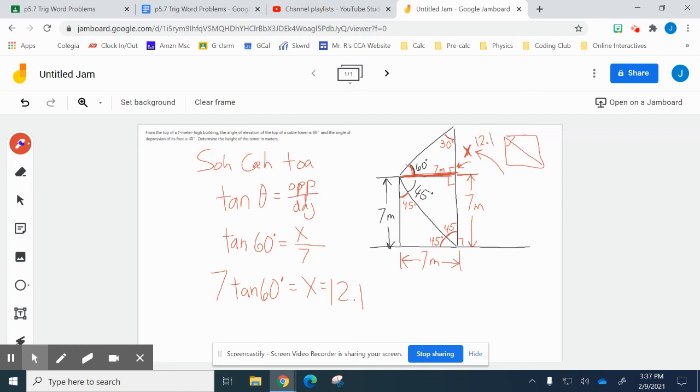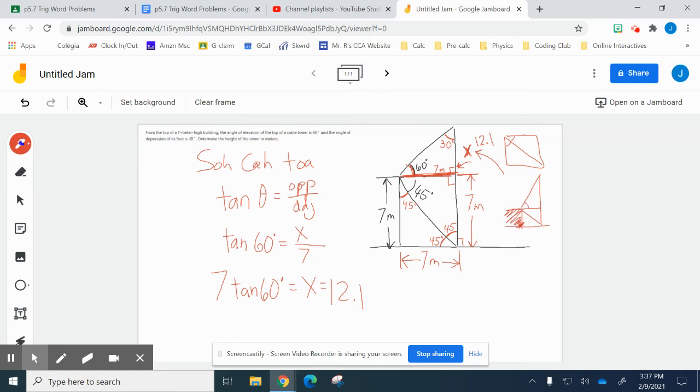And it doesn't look like it the way I drew it, but remember 60 is actually bigger than 45. So if I was going to redraw that more accurately, I would have started with the angles. I would have gone like, that's 60 and that's 45 right there. And it would have looked something more like this. And that's the building that person's standing on, right?